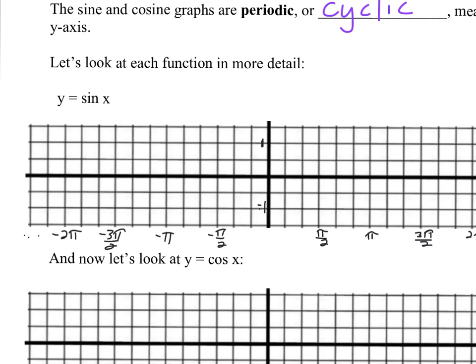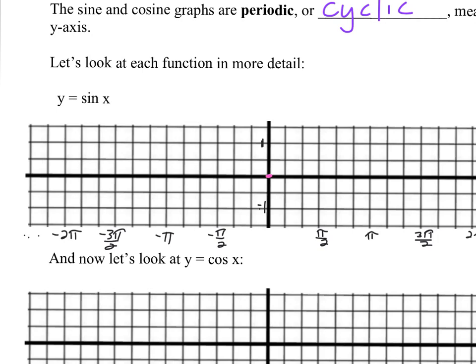That's better. All right, thinking about the unit circle up above, let's go ahead and start plotting some of these values. At 0, the y-coordinate on the ordered pair was 0. What that means is sine of 0 starts right at the center of the graph.